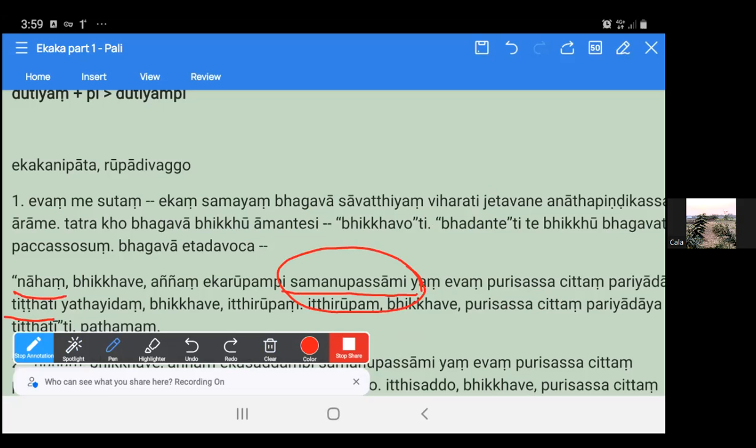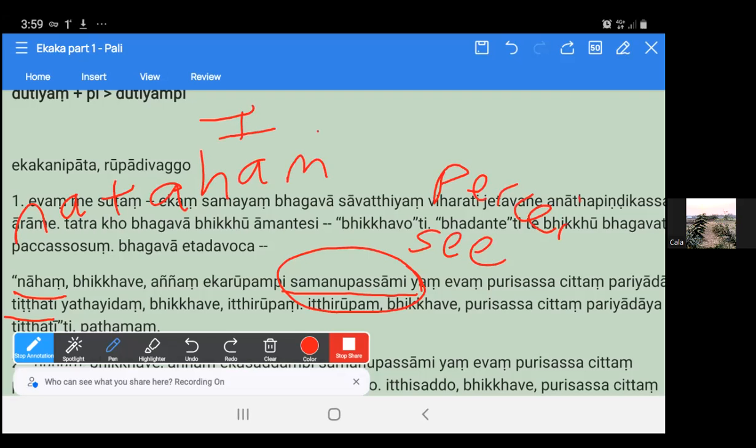Aham. Aham comes from na plus aham, which I already discussed last week. Na plus aham becomes nāhaṃ. So aham is I. Samanupassāmi is I see, but actually it has more to do with perceiving. The Buddha perceives.